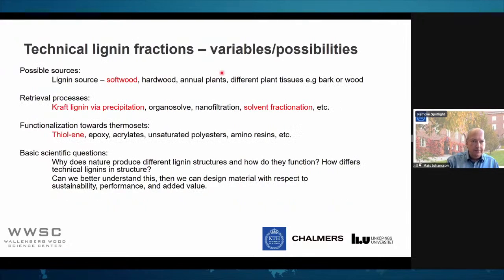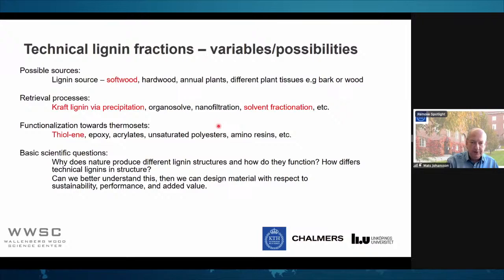So what I've shown here is just examples, and I would like to emphasize that again, softwood, solvent fractionation, Kraft lignin, thiol-ene chemistry. There has been a lot done on epoxides, acrylates, amino resins, using different types of lignin sources, hardwood, annual plants. So we have a lot still to explore and understand of these types of structures.